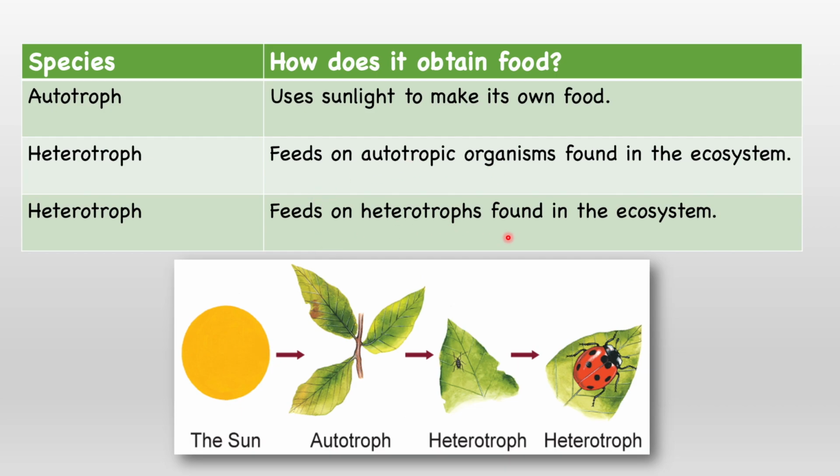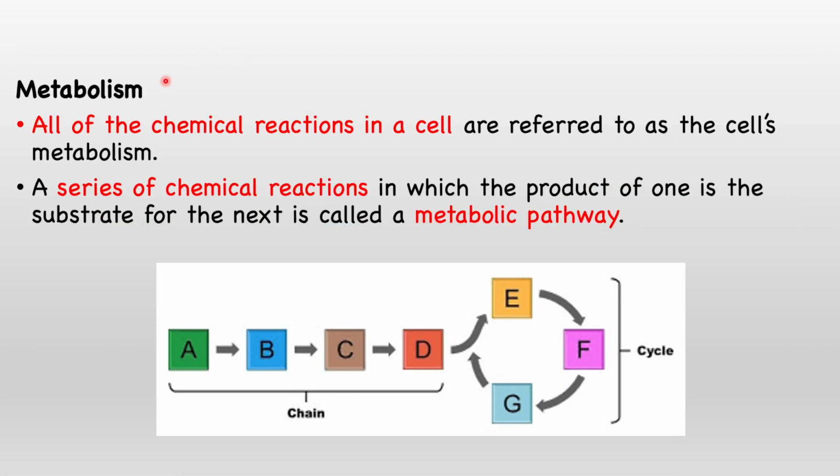carnivores or omnivores. Now let's talk about metabolism, which means all the chemical reactions in the cell. Now, this refers to what? This refers to all chemical reactions for building and breaking down compounds. And it's not just one reaction and done.